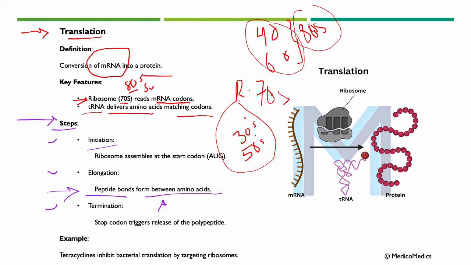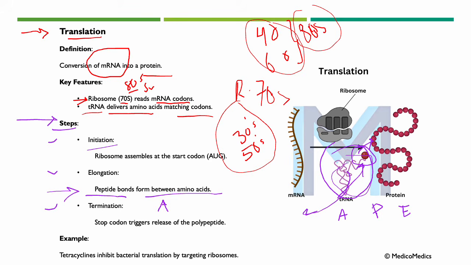And essentially in the A site, the new transfer RNA carrying an amino acid, right? Here you can see in the illustration, the transfer RNA carries this amino acid and brings it in. And in the P site, so we can call this A here, and then in the P site, the peptide bonds form between amino acids. And in the exit site, the empty transfer RNA, remember, it has delivered something, now it's empty. It leaves then the ribosome.